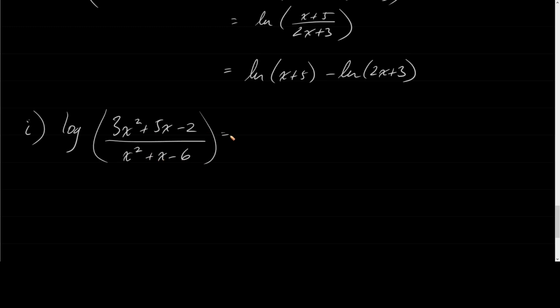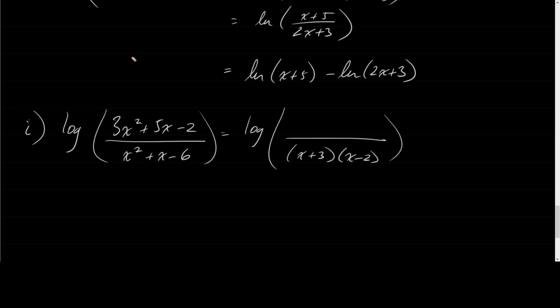And again, the very first thing I'm going to do here is factor out as much as possible. So I could rewrite this as log of, the bottom one's easy to factor, right? Two numbers multiply to negative 6 and add up to positive 2. Well, that would be (x plus 3)(x minus 2).